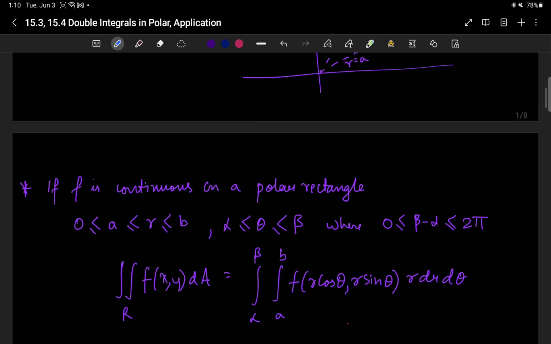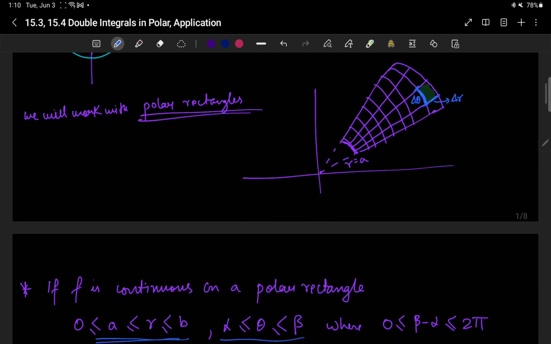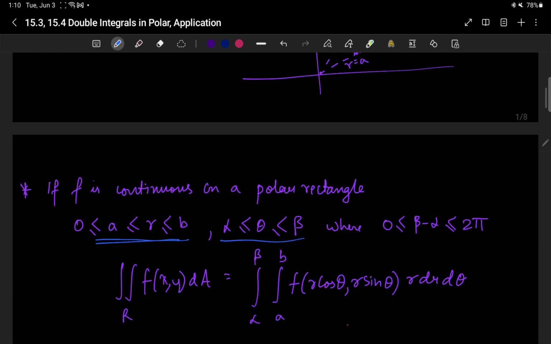So if f is continuous on a polar rectangle, which, as we just saw, is defined by a range of radius from r equals a to r equals b, and a range of theta from alpha to beta, where beta minus alpha is between 0 and 2 pi, this is to avoid overlapping, multiple rotation.